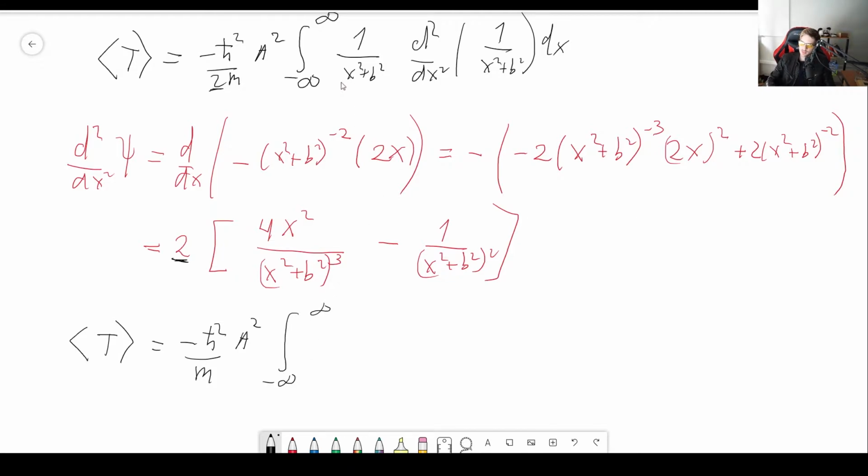And now keep in mind that we need to multiply this through. So the first part will be 4x squared, but now the denominator is x squared plus b squared, not cubed anymore, but to the 4th power. And then this part right here is going to be 1 over x squared plus b squared cubed.